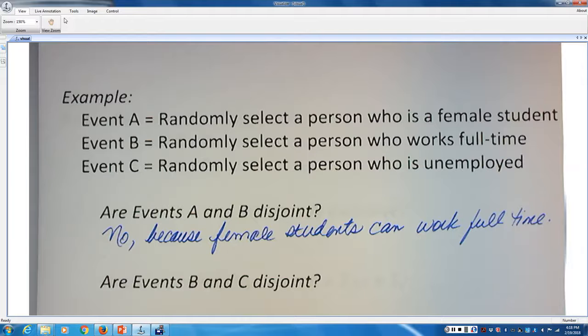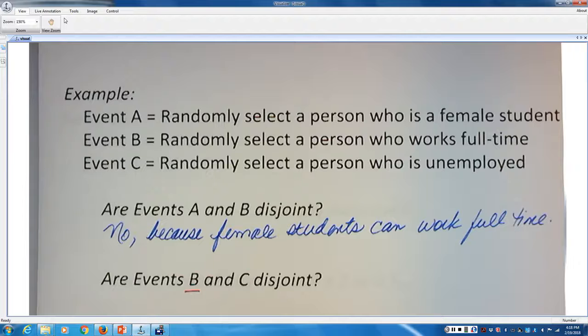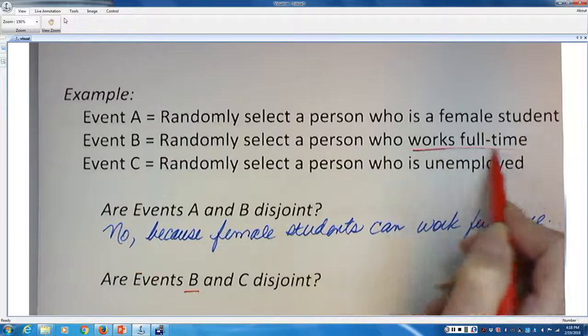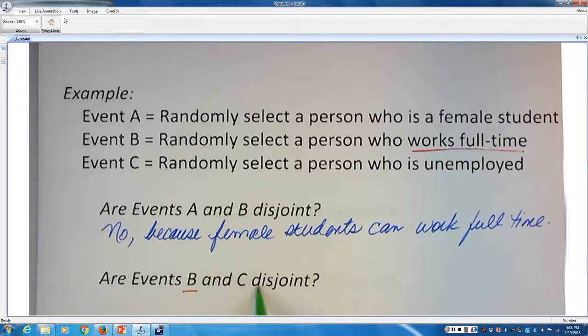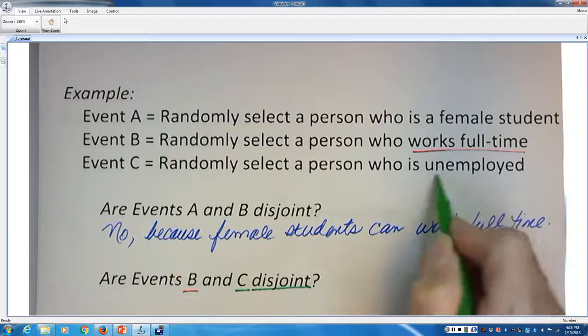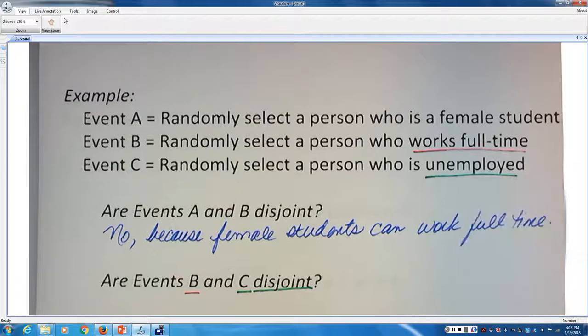Now we're going to compare events B and C. Are those two disjoint? Yes, they are. Because you can't be unemployed and work full-time. Okay?